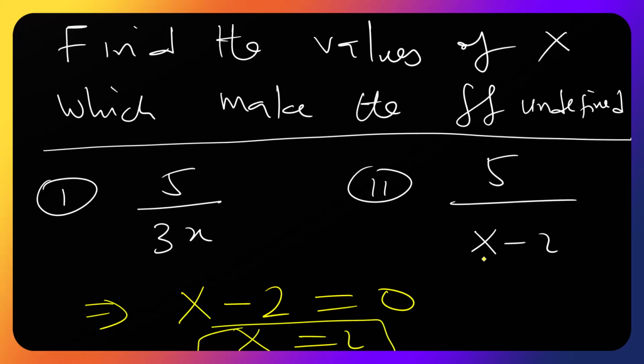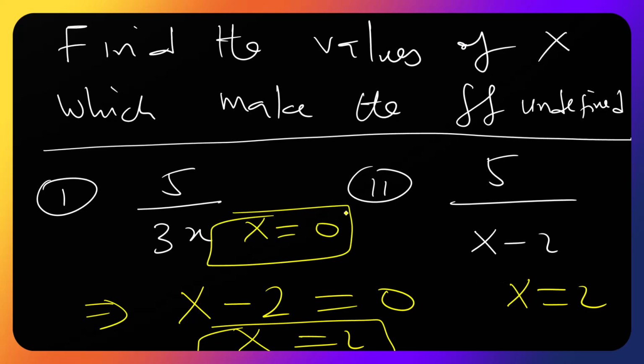Now, when x is 2, if I put 2 here, 2 minus 2 is 0. So if this side is 0, everything will be undefined. So it means the value of x that will make this expression undefined is 2. So this side is 2, and this side is 0. Okay. So go ahead and then try the following.